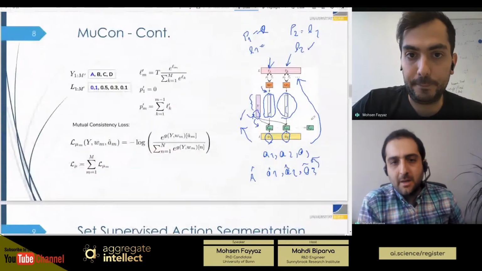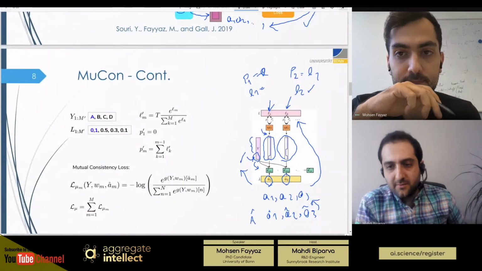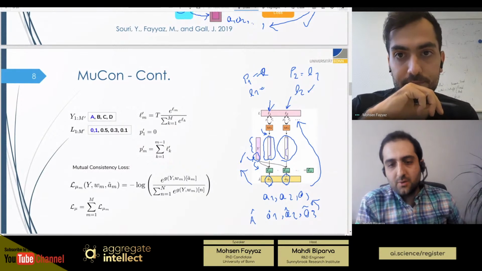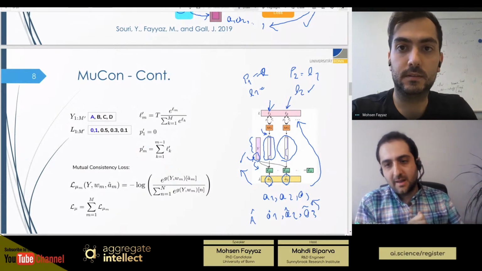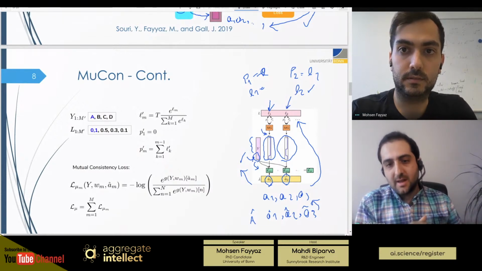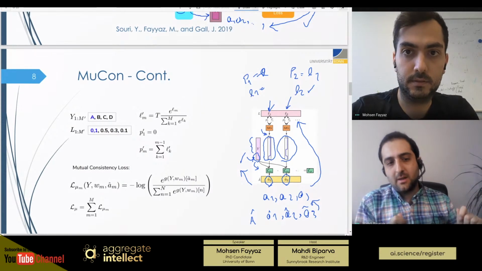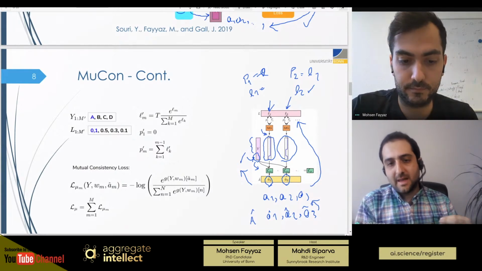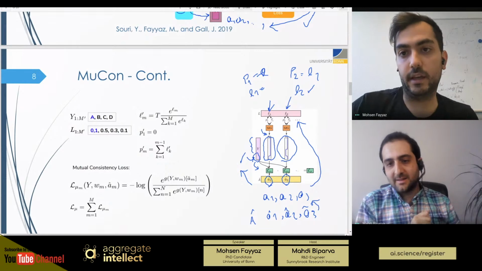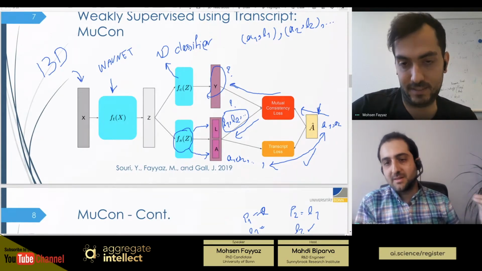Question: so you generate the masks based on the predicted length, right? Yes. So basically you have the predicted set of actions and the corresponding length for each one of the actions, and then you generate the masks, and then you try to force the network to be as consistent as possible between the mask and the predicted segmentation, right?